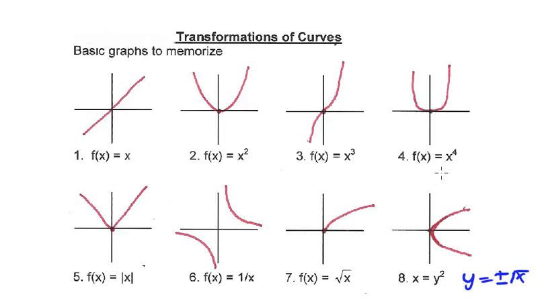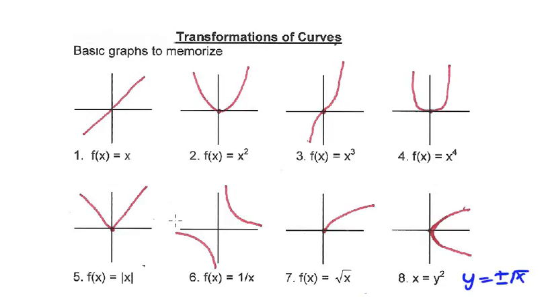For f of x is equal to x to the fourth, the vertex is the origin. For f of x is equal to the absolute value of x, the point of the V is again the origin. For the reciprocal graph, we don't really have a vertex, but if we think of where the center of this graph is, the center is again at the origin.